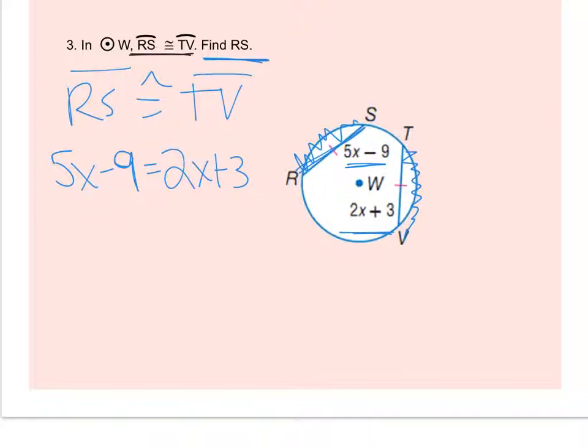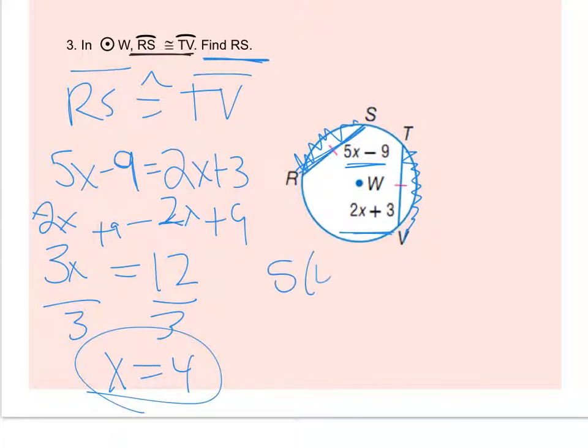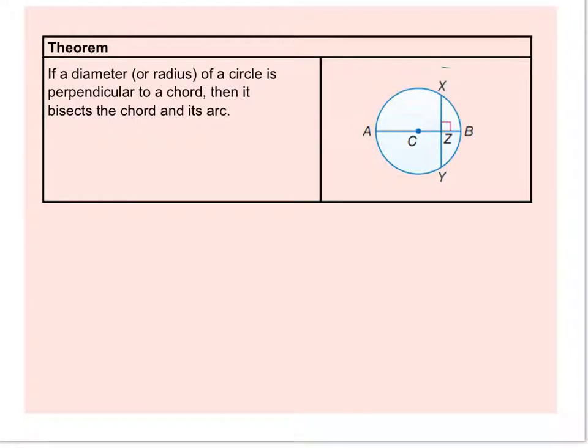We're actually trying to figure out how long this thing is. So solving, a little division, x equals 4. But if you leave it like that, you're not done. That means 5 times 4 minus 9, so RS is going to be 11.